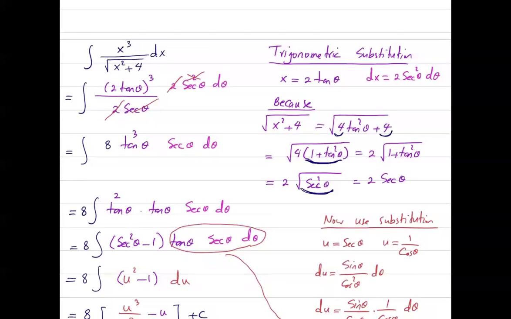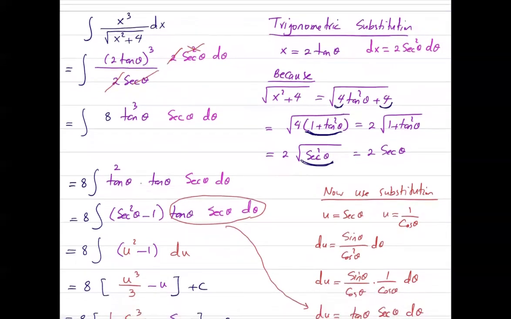We are not using sine here. If you use sine, you cannot get rid of sine. So our option here, a good option here is 2 tangent theta. So after we simplify the numerator and the denominator, it becomes the familiar integral of 8 tangent to the third of theta secant theta d theta.